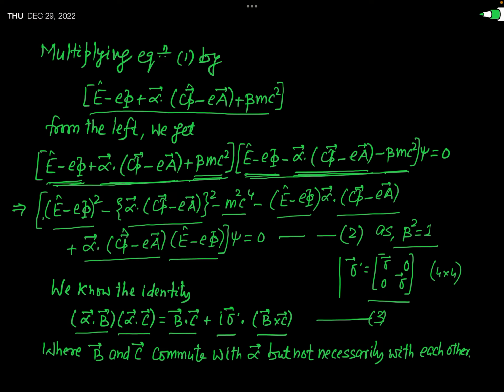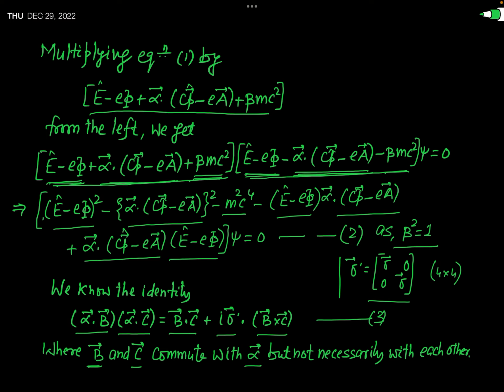In fact, in this result, you have seen that these ordinary vectors b and c commute with α, but necessarily they do not commute with each other. When you say that b and c commute with α, it means the commutator of b with α and the commutator of c with α are 0.